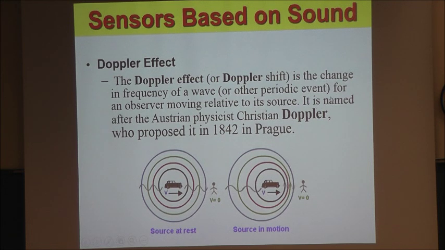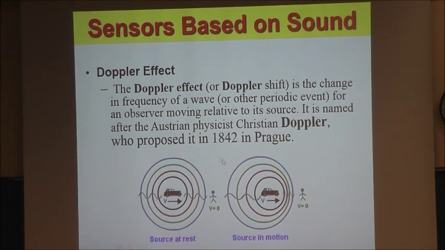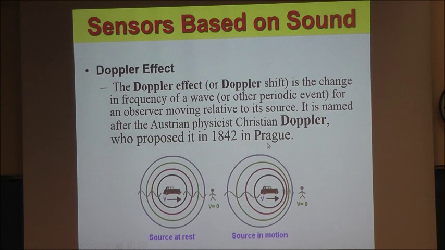It is named after the Austrian physicist Christian Doppler, who proposed it in 1842 in a meeting in Prague. As you can see, when the source is at rest, this is how you see the wave. But when you are in motion, it looks like this, and the waves are not coordinated and not equally spaced like you see here.